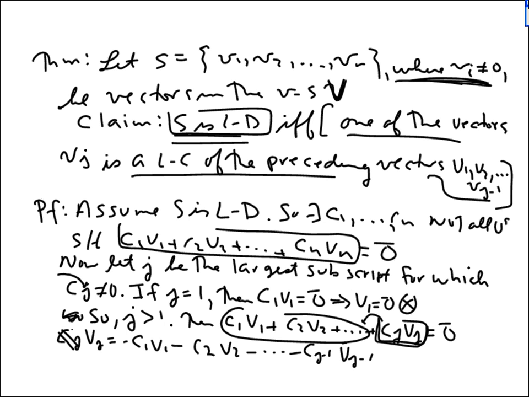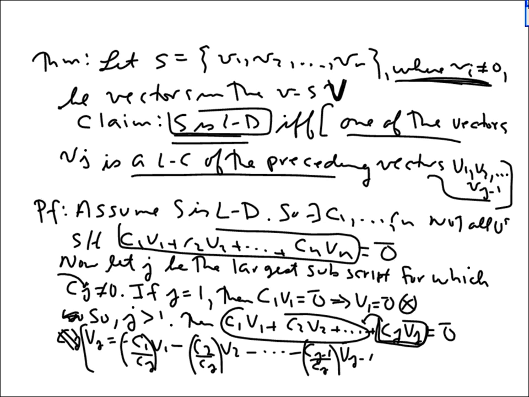Now divide by cj, which is not 0. So vj is this scalar times v1 minus this scalar times v2 minus this scalar times vj minus 1.